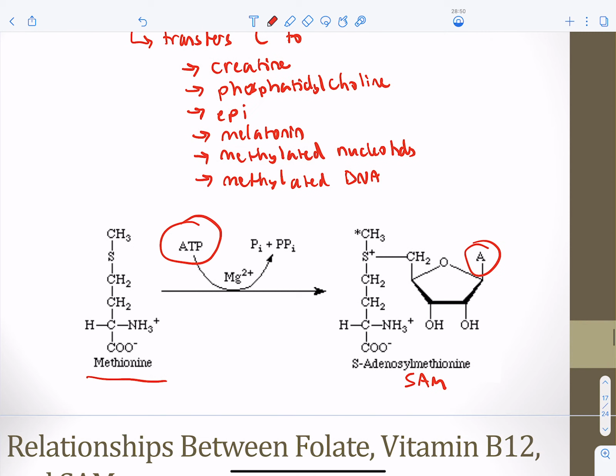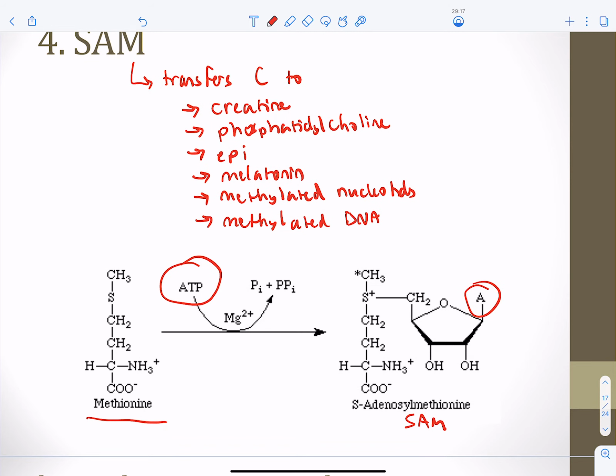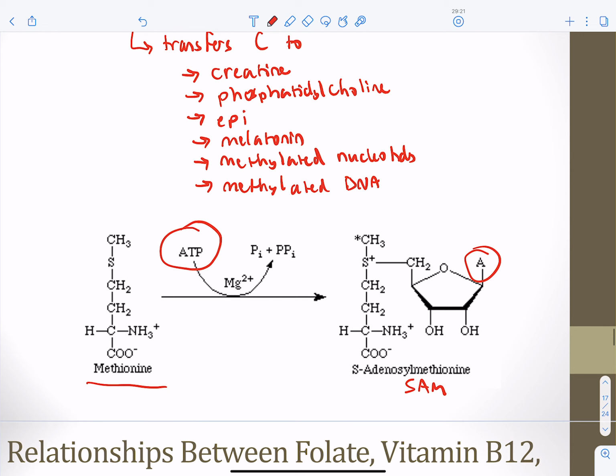So SAM is going to be very dependent on tetrahydrofolate and vitamin B12. Keep in mind that homocysteine is derived from methionine metabolism, but can be reconverted back to methionine with both the methyl tetrahydrofolate, the most reduced form, transferring that carbon to vitamin B12. And this reaction is the only reaction in which you can use that most reduced form. So again, you have your, I guess I'll do it here.